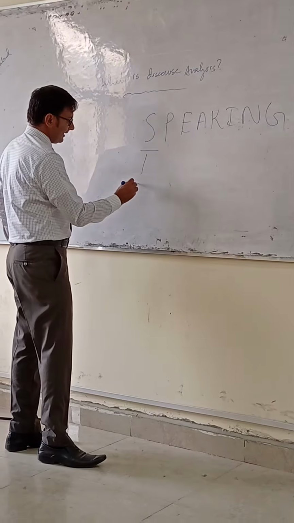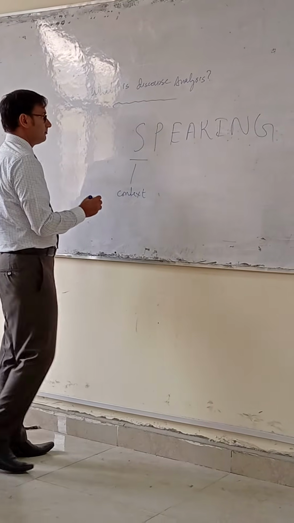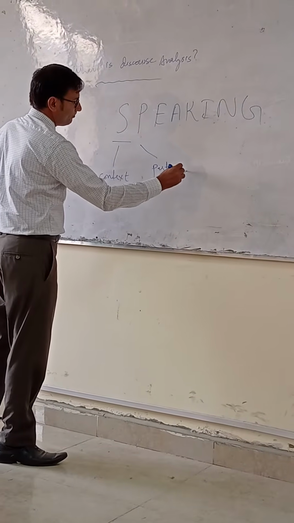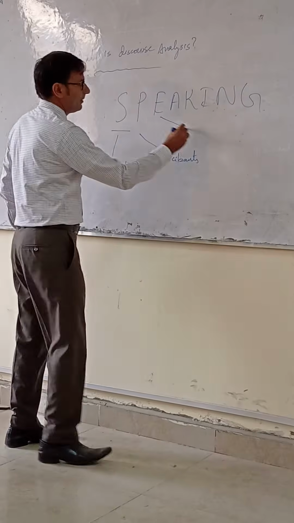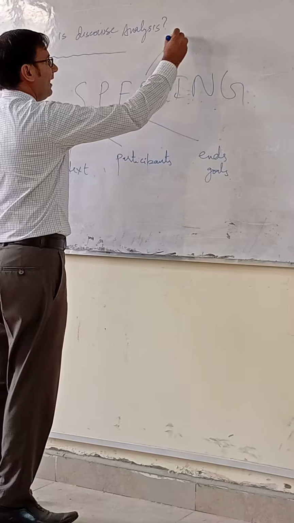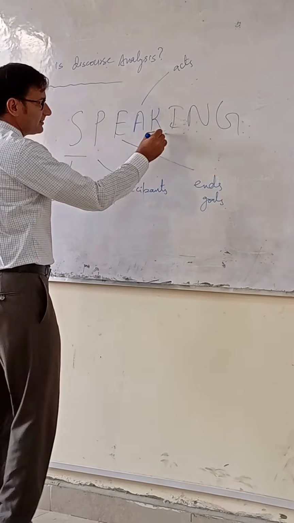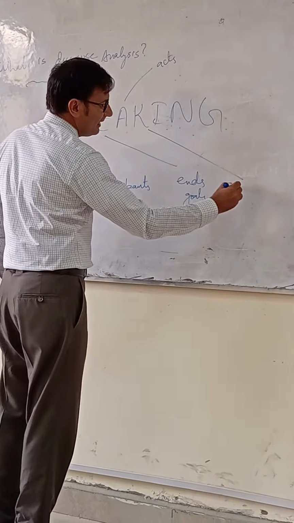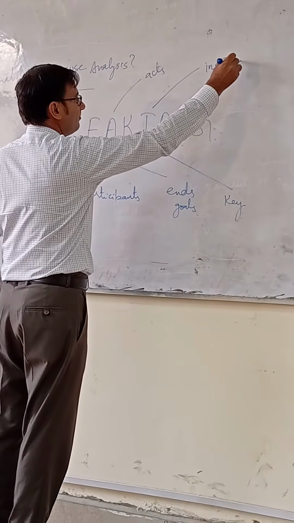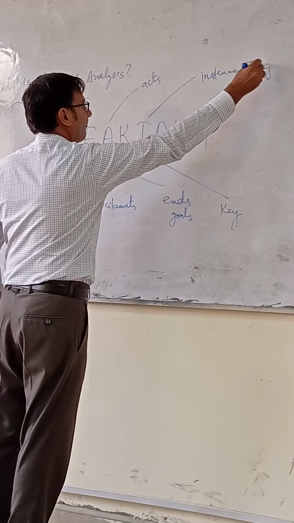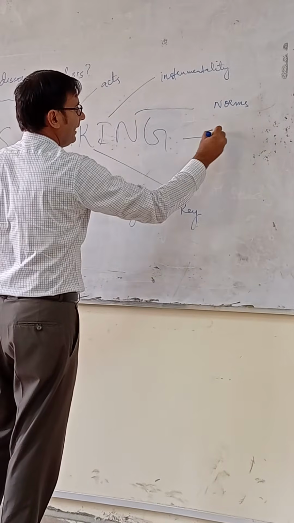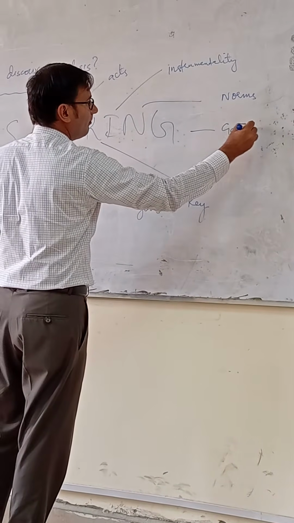So that is context, participants, ends meaning goals, acts meaning communicative acts, K key communicative key, I instrumentality, N norms, and G genre.